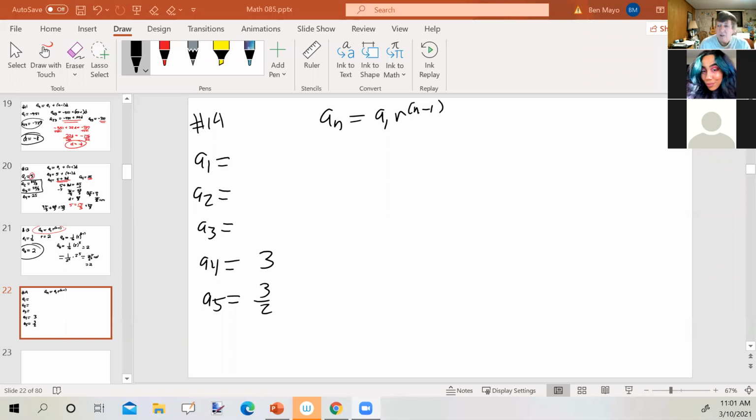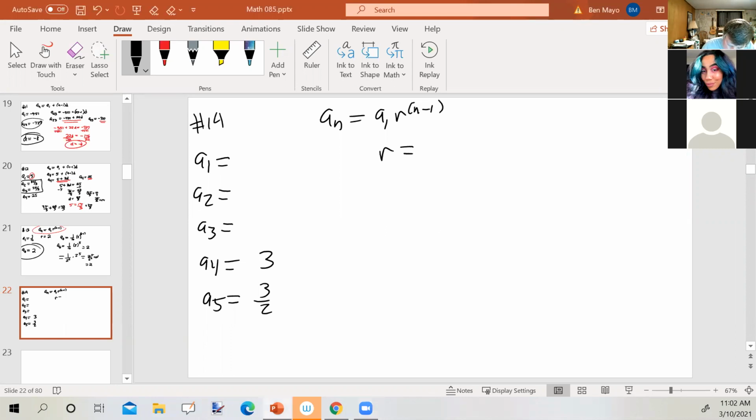To find the common difference in an arithmetic sequence, you take a term in the sequence minus the previous term. To find a common ratio, you take a term in the sequence divided by the previous term.